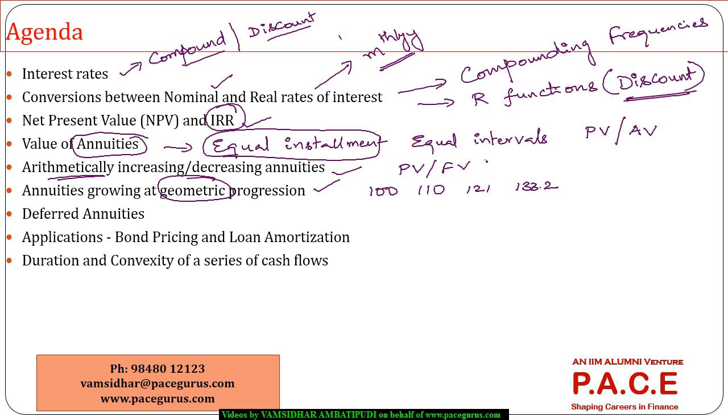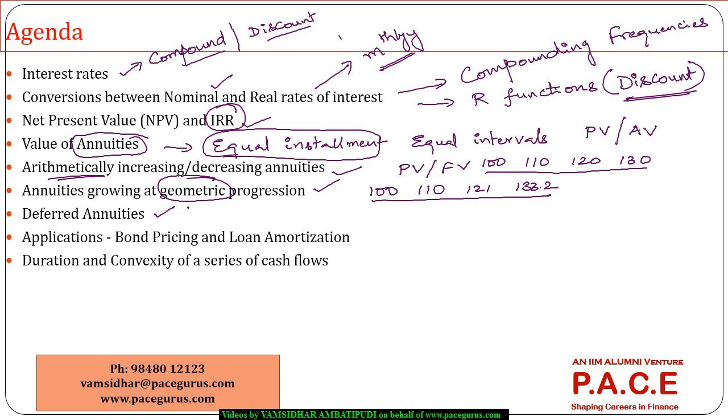If it is growing at arithmetic progression, 100, 110, 120, 130. So this is what it is growing in an arithmetic progression, the amounts. In this case, the amounts are growing in a geometric progression. So if they are growing in a geometric progression, how do I compute the present value or the future value? So those kind of scenarios also we are going to look at.